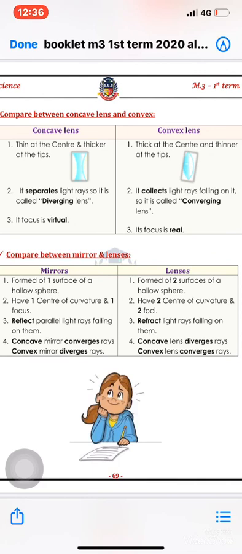Mirrors reflect the parallel light rays that fall on them, while lenses refract the light rays that fall on them. The last thing: a concave mirror converges the rays and a convex mirror diverges the rays, while a concave lens diverges the rays and a convex lens converges the rays.